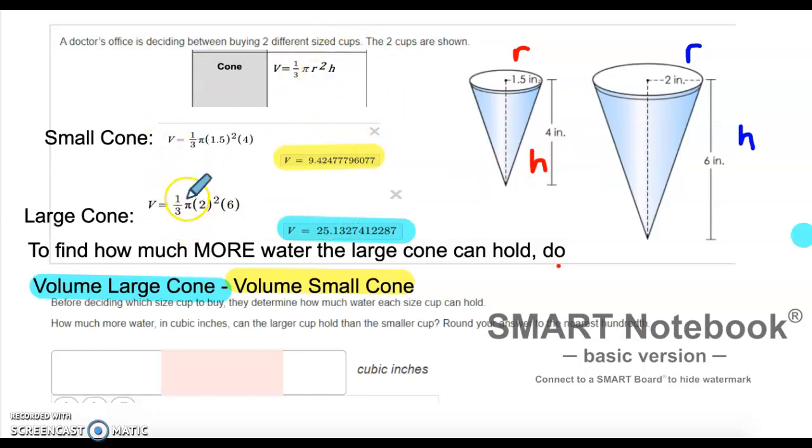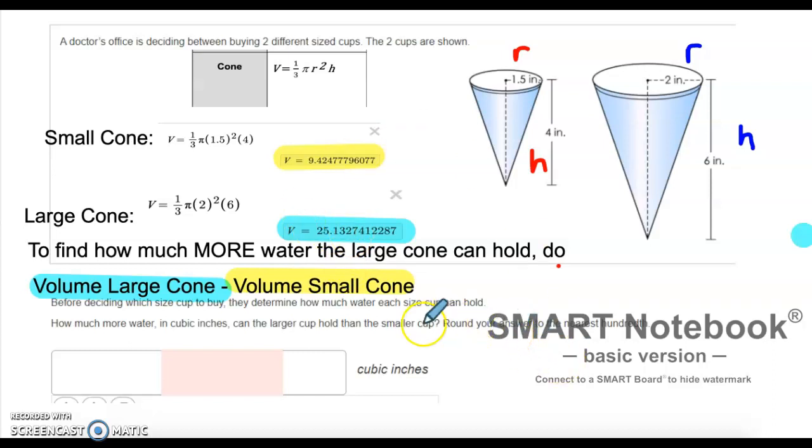The volume is equal to 1/3 times pi times 2 squared, because 2 is our radius, times 6, because 6 is our height. When you type that in Desmos, you get that the volume of the large cone is 25.132741228 inches cubed. Remember, volume is measured in cubic inches in this problem.